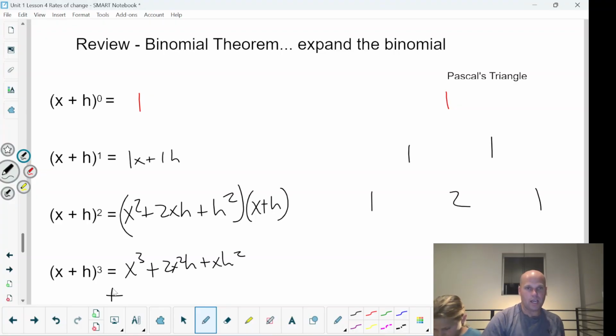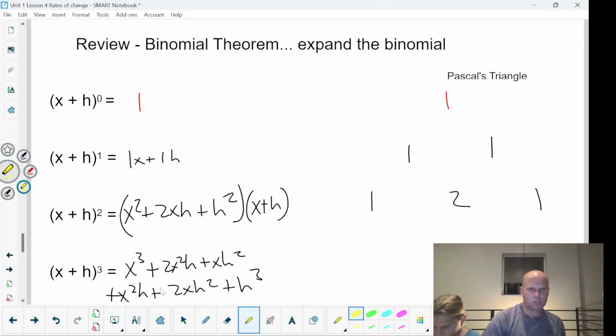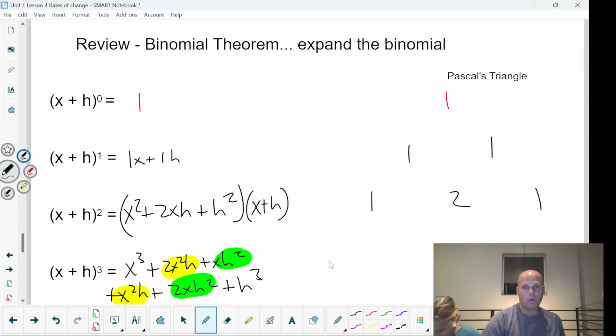Then if you distribute the h to everything, you get this, this, and this. And if you combine your like terms, this is 3x squared h, this is 3xh squared. You realize you have 1 x cubed, 3 x squared h, 3 xh squared, and then 1 h cubed.